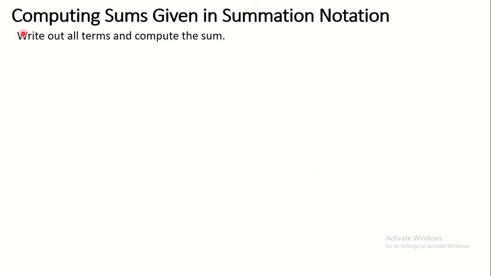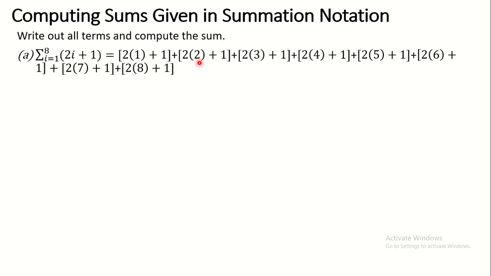So next, we're going to have computing sums given in summation notation. So write out all terms and compute the sum. Okay, so for example, letter A, we have the summation of the quantity 2i plus 1 from i is equal to 1 up to 8.